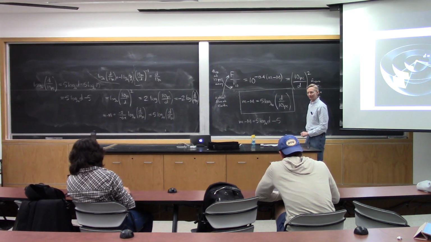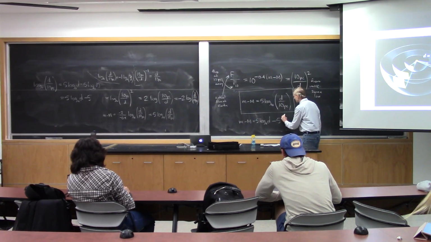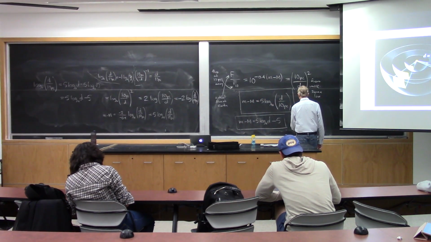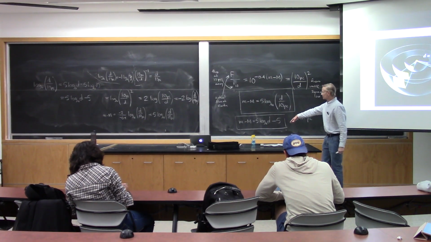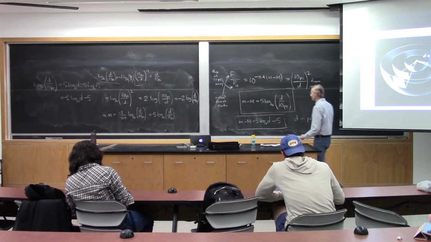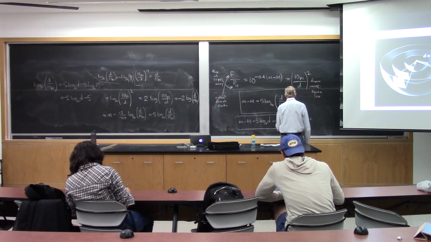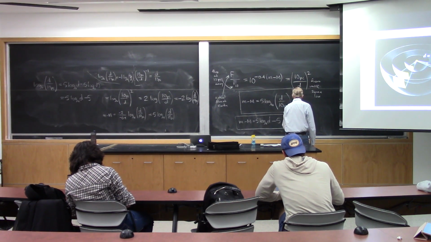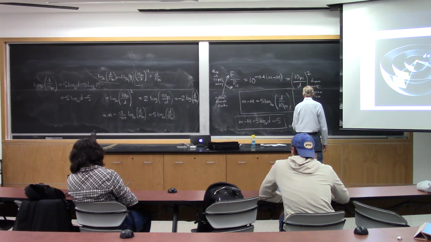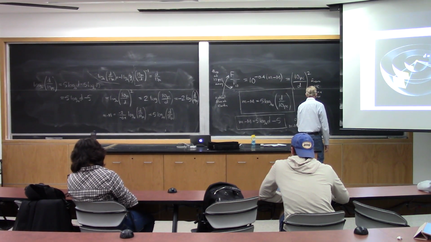D is in parsecs here. This is the one that you most commonly see: little m minus big M is 5 log d minus 5, and little m minus big M, the difference between the apparent and absolute magnitudes, is called the distance modulus.